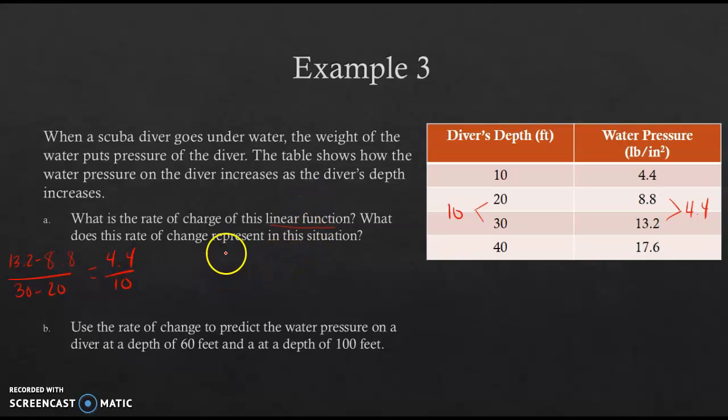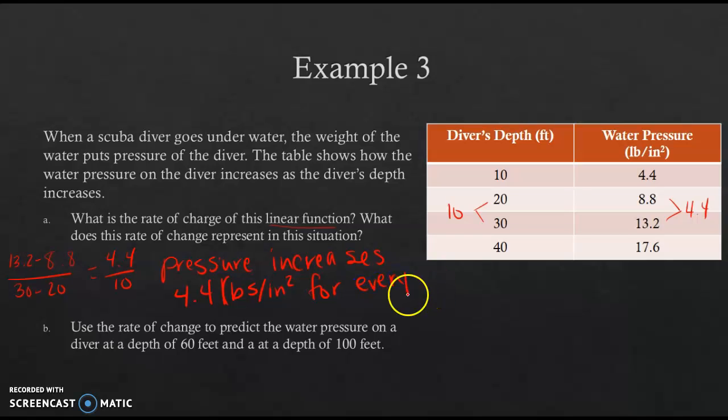And what this means is the pressure on the diver increases 4.4 pounds per square inch for every 10 feet in depth.